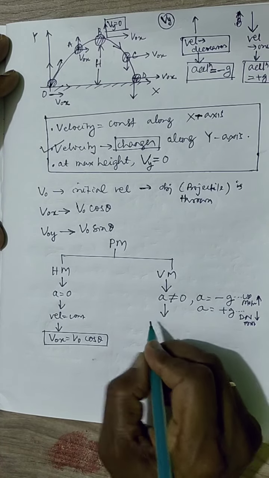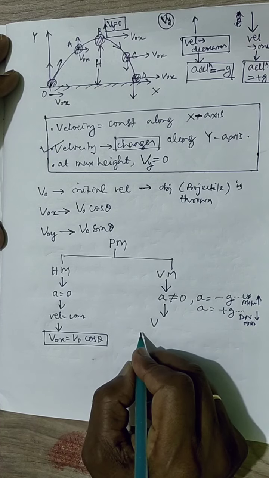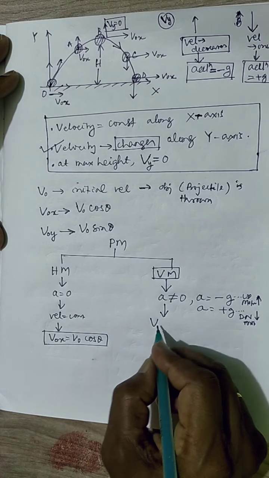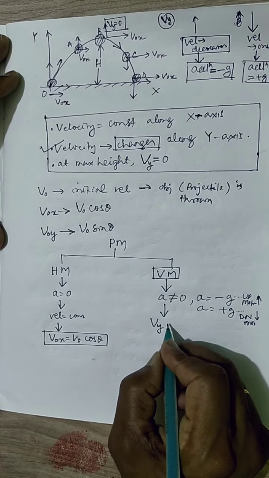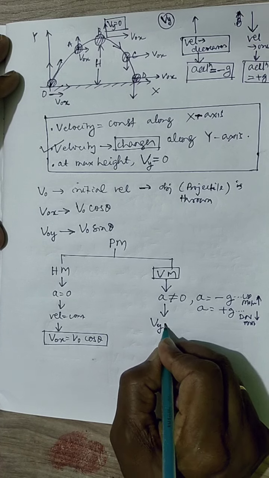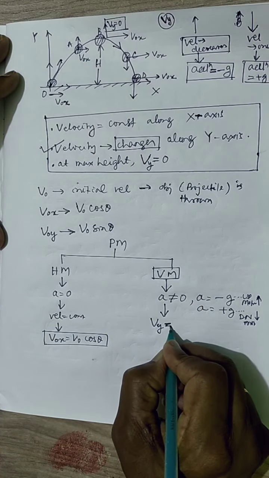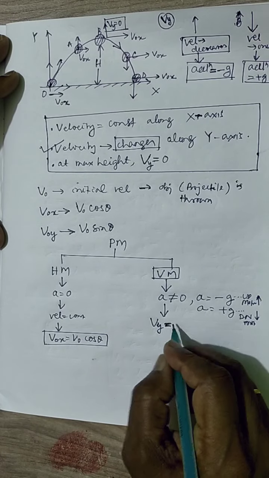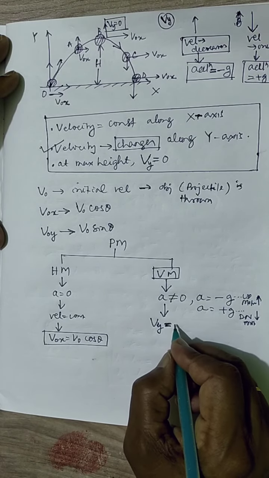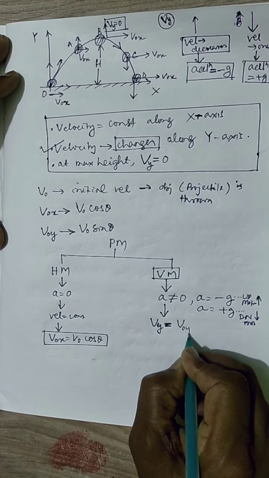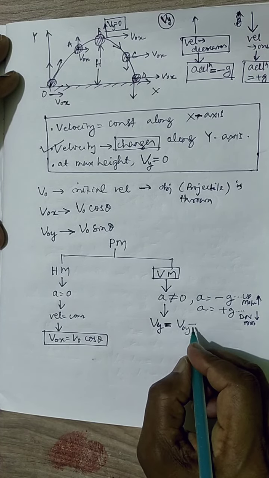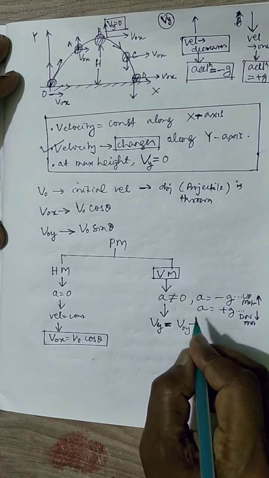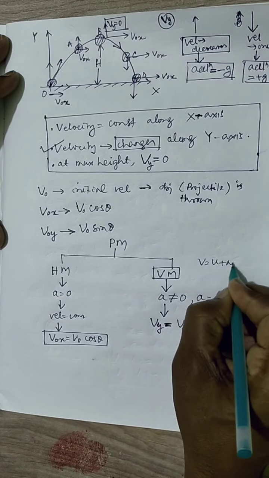Now velocity along the vertical direction, or y direction, is Vy, that changes, and its value is its initial velocity v0y minus gt, using the formula v is equal to u plus at.